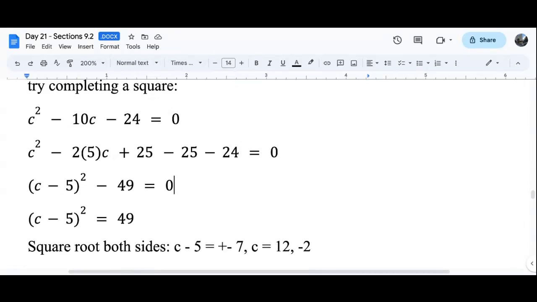Does it make sense? This is the process of completing the square. Why 25 minus 25? Because 25 minus 25 is 0. We can only add 0 to the expression.